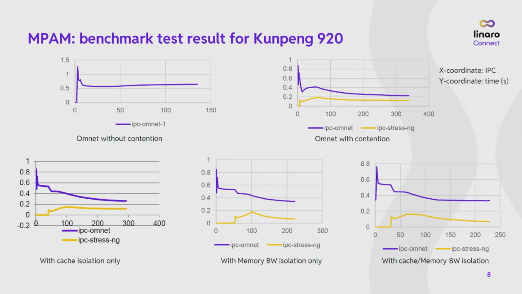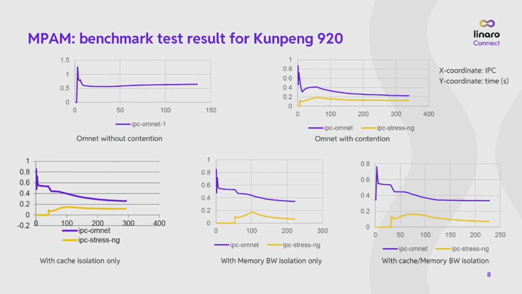Then we switch to memory bandwidth isolation, and you can see that the IPC is a little better than with cache isolation, and the time to finish is better than with cache isolation only.